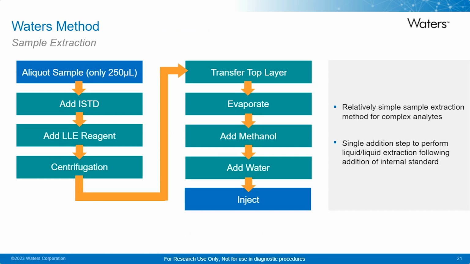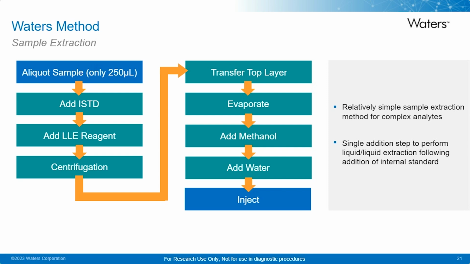So now let's take a look at our application note for estradiol and estrone. So firstly, for the sample extraction, we have a relatively simple workflow created where only 250 microliters of serum sample was required.